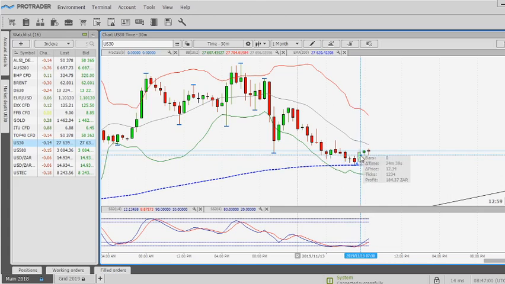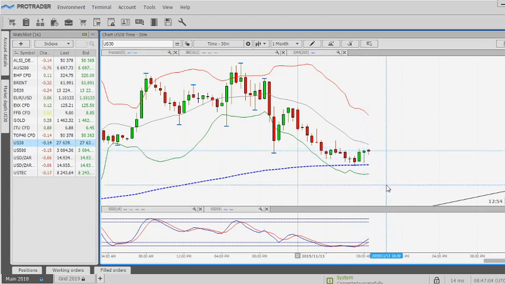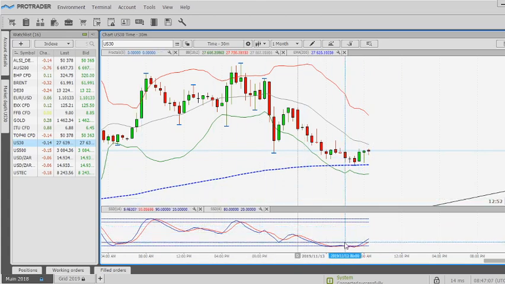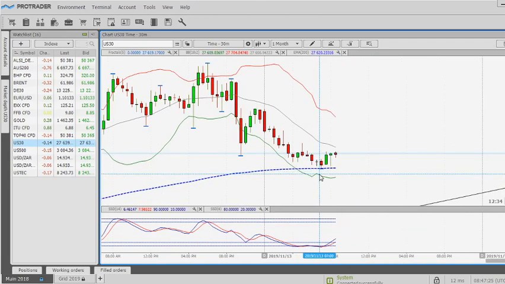I think really if it wants to go, because the 14 3 3 stochastic is really low, and actually out of its parameters, the 10 and the 20. So it's very nice that we can see the stochastic is out on the 10. That's actually where we want it, and we can see that maybe it wants to go back to the 81. So that's why I'm bullish, because of this.